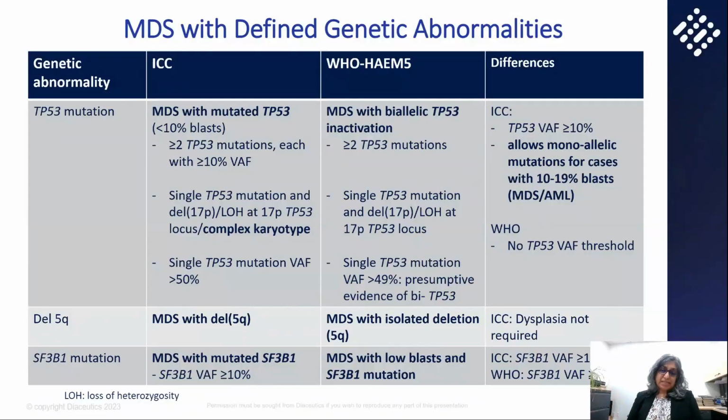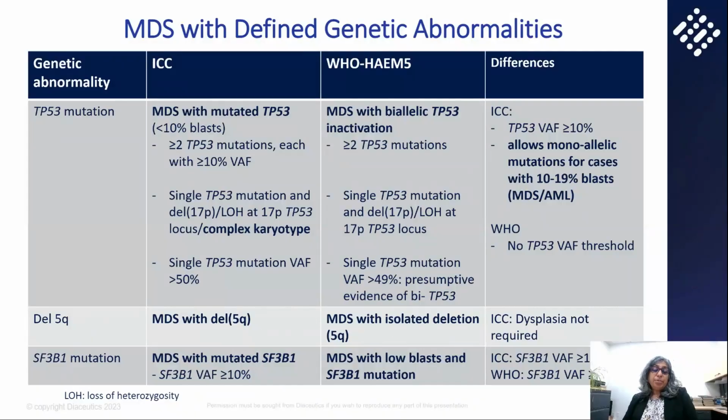In addition, ICC also includes complex karyotype for these cases because per ICC, complex karyotype can be used as presumptive evidence of a second TP53 hit when you only have one TP53 mutation. However, WHO specifically requires you to demonstrate deletion 17p or loss of heterozygosity at 17p.